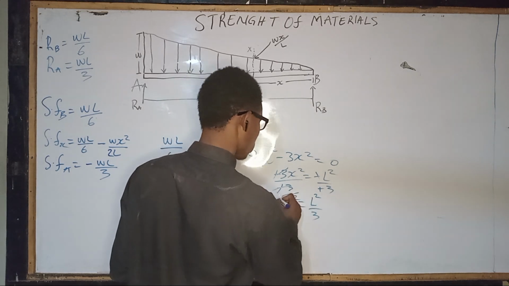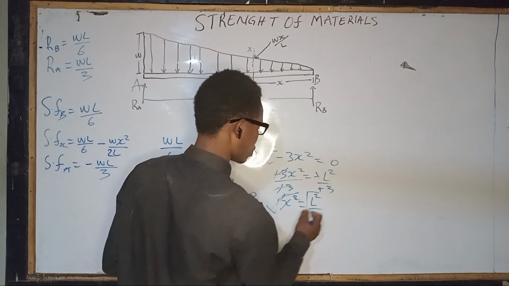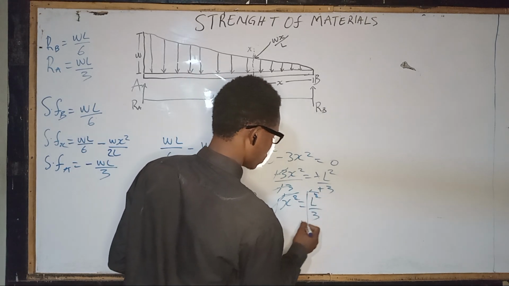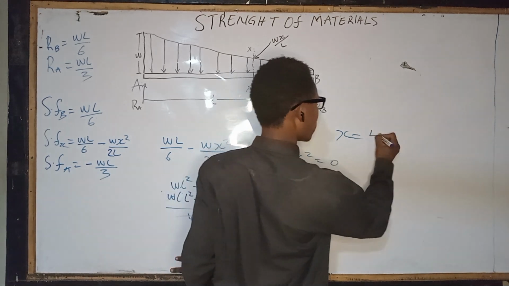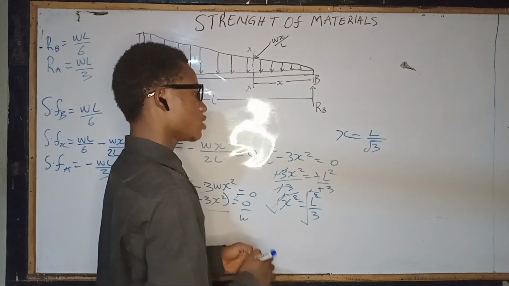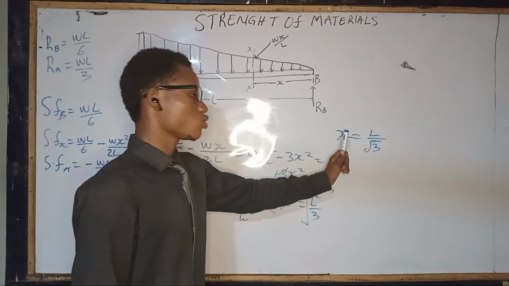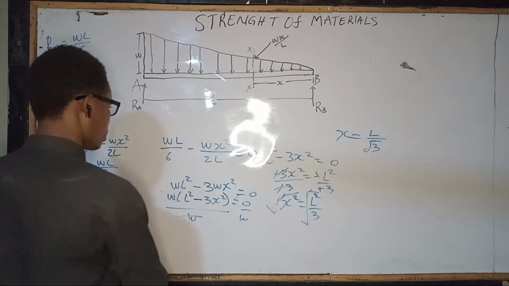Then we find the square root of both sides. So this square root will cancel the square here, and here we have x is equal to L over the square root of 3. So x is equal to L over the square root of 3 is the point whereby the bending moment is the highest.